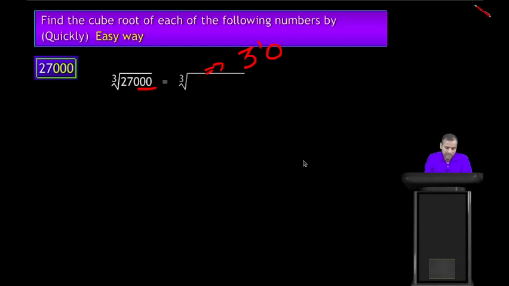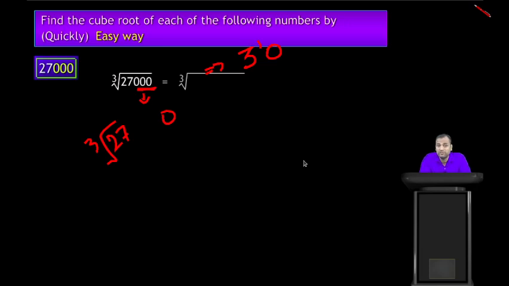So we can make a pair of zeros. Always remember that if you have zeros in groups of 3, pick 1 zero from each group. So you can pick 0 from this group and you have to find only the cube root of 27.